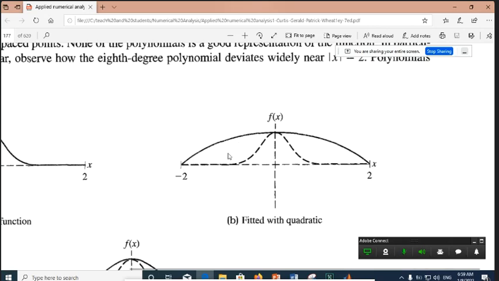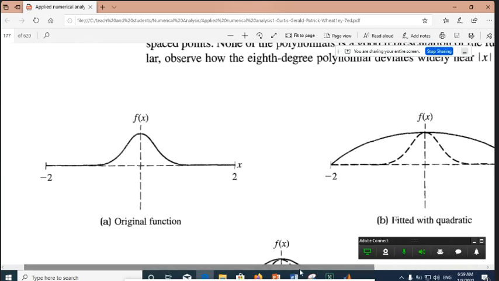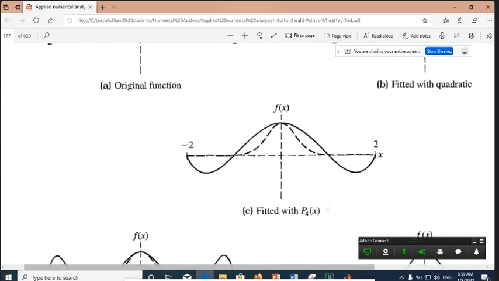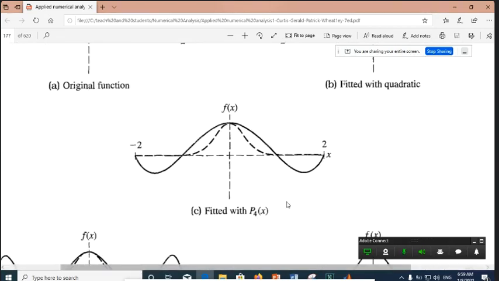You can see there is not a good interpolation, lots of differences. Let me use a polynomial of degree 4 for interpolation.